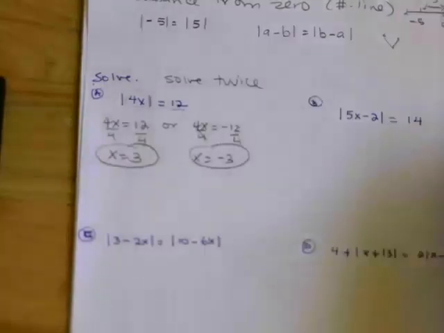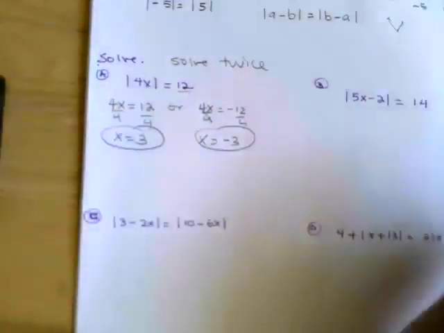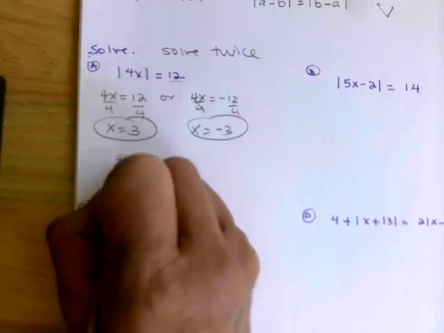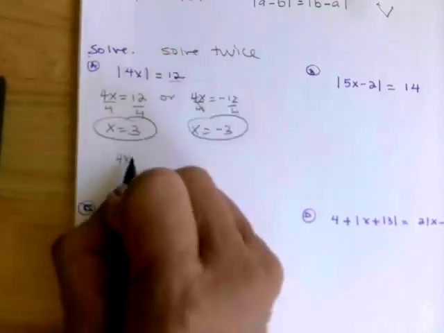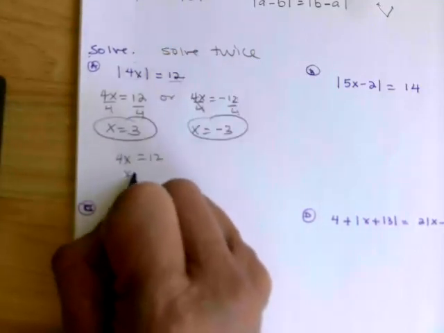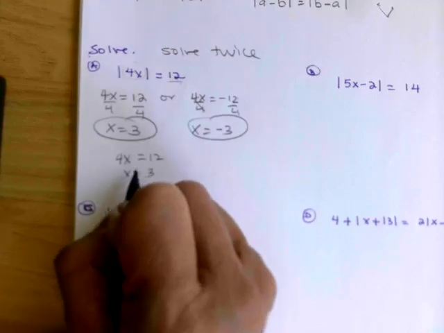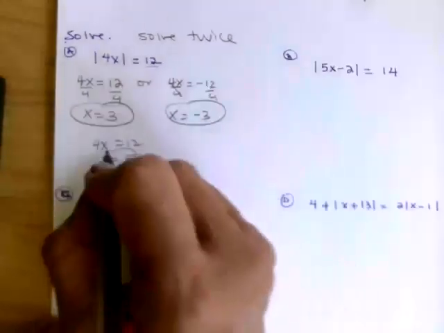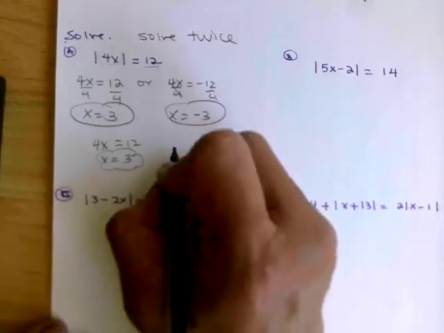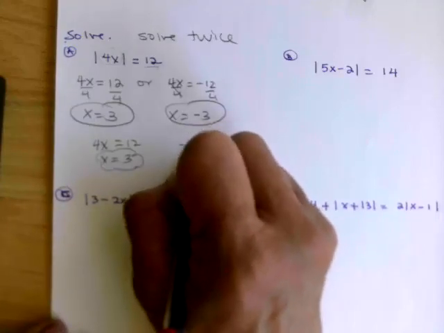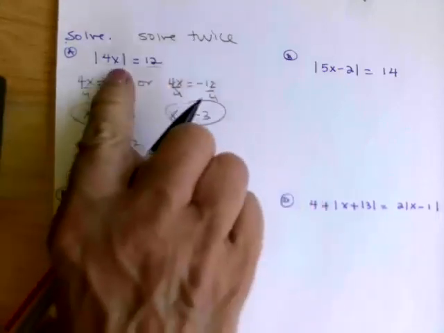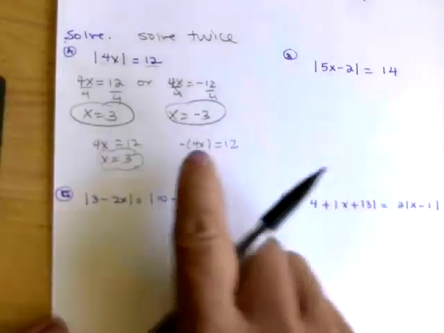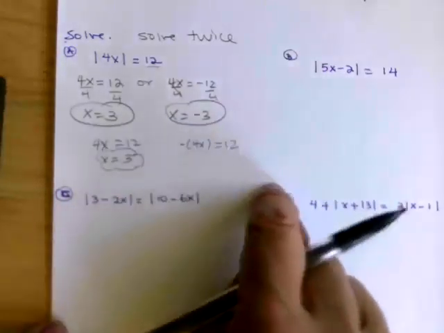Let me show you the other way, because I'm going to be doing it on these other slightly bigger ones. If the inside is positive, it's just 4x equals 12. I know it looks the same, roll with me here. Or that inside could have been the negative, the opposite of 4x on the inside equaling 12, because when I took the absolute value of this amount it'd be positive.